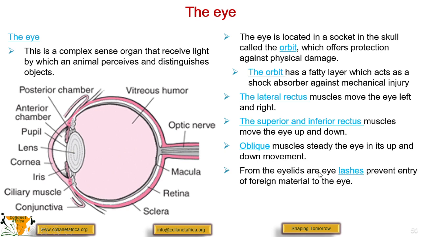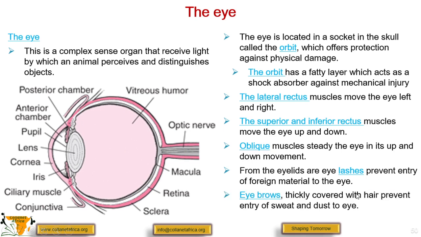From the eyelids are the eyelashes. Eyelashes prevent entry of foreign materials to the eye. So the eyelids are those that close the eye, that portion of skin, and then at the end of the eyelids are eyelashes.